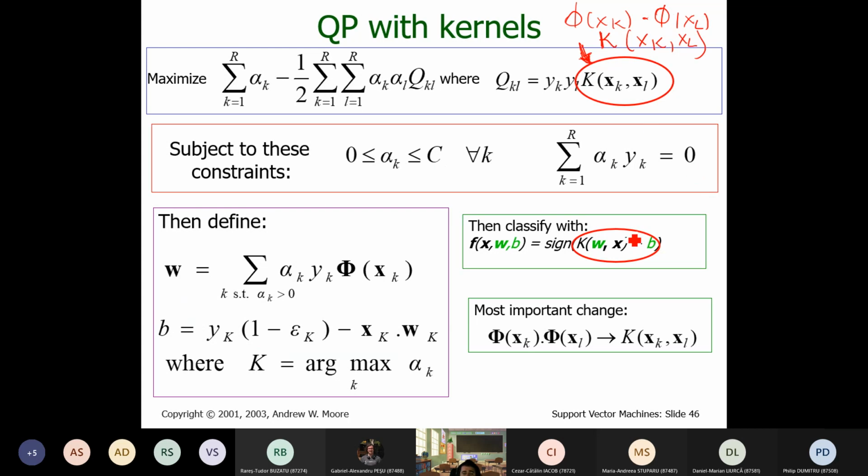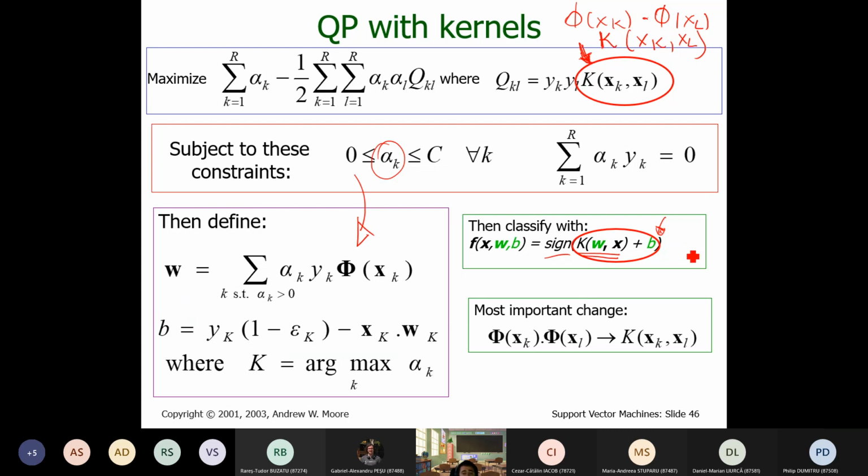Once we have this dual formulation, we can compute ak. Based on ak, we can identify the values of w and b. And now, when we need to classify a new data point, all we need to do is to find the kernel between w and x, add the value of b, compute the sign, and boom, it's done.